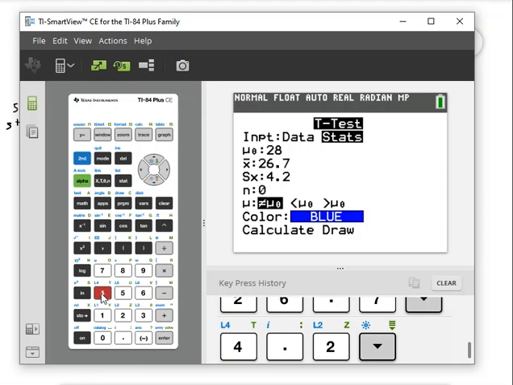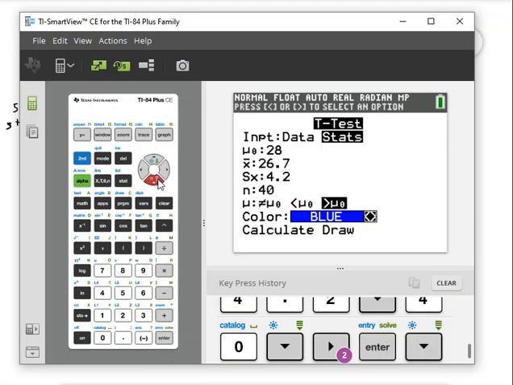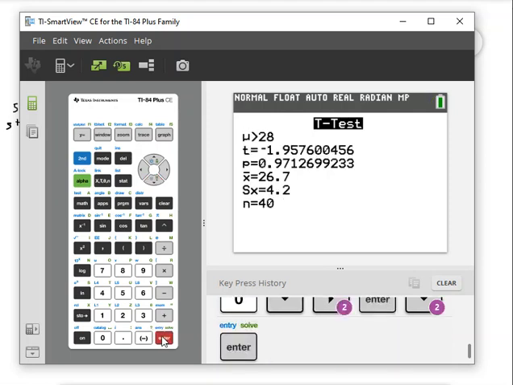N is 40. Okay. I'm going to go down to here, and I'll explain a little bit about why I'm clicking that. Calculate.